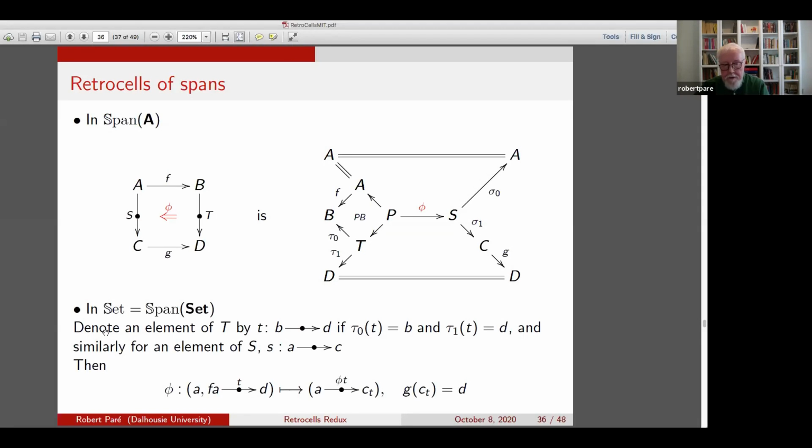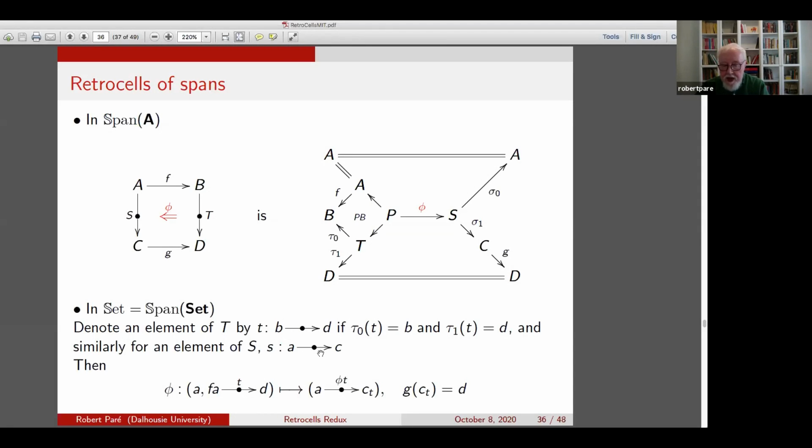If we denote an element of T, the span here, by a dotted arrow from B to D, if T0 of T is B and T1 is D, this means that T is an element of capital T and it projects down to B on one side and to D on the other.